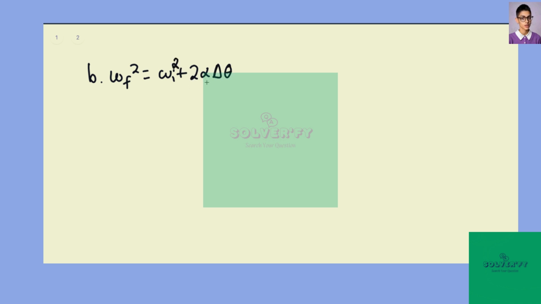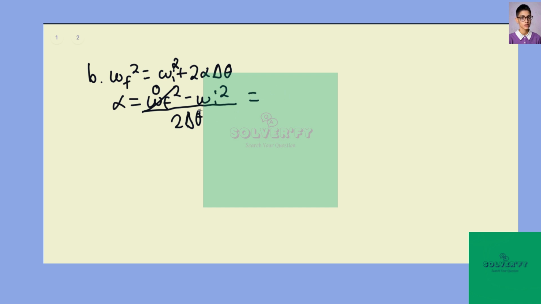At this point, let's solve for angular acceleration. So angular acceleration would equal minus omega initial squared all over 2 delta theta. Here, our final is going to be 0 because we are stopping. And then our initial will simply be equal to the final velocity after 2 seconds.